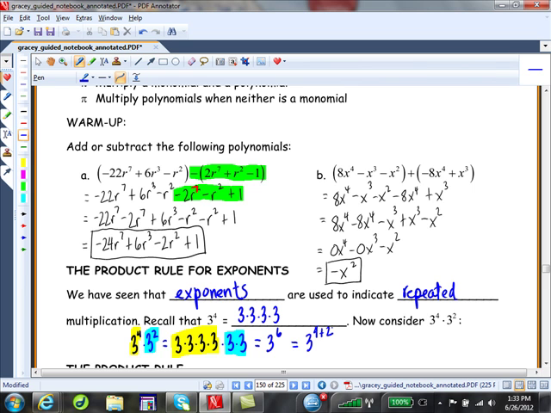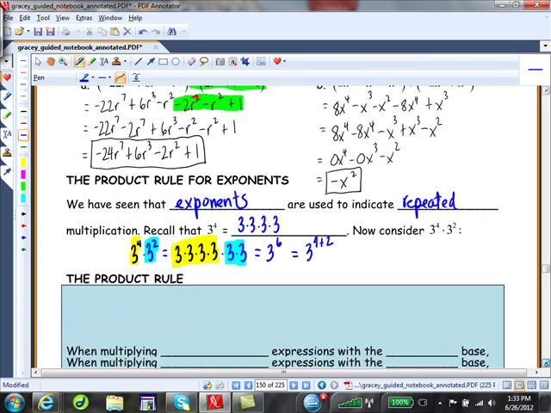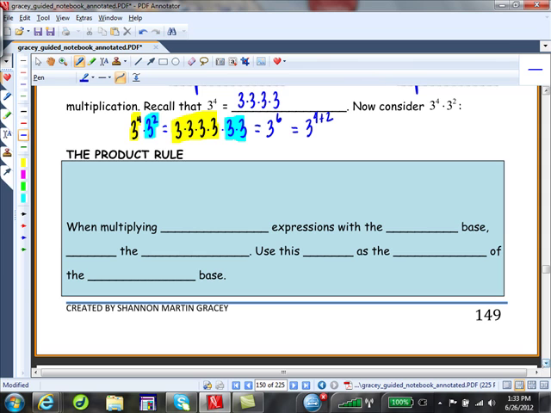So here's our official rule, the product rule. If you have some base to the m power, and you multiply the same base, it has to be the same base, to the nth power, what do you think we're going to get? What's the rule? Good, it'll be b to the m plus n.